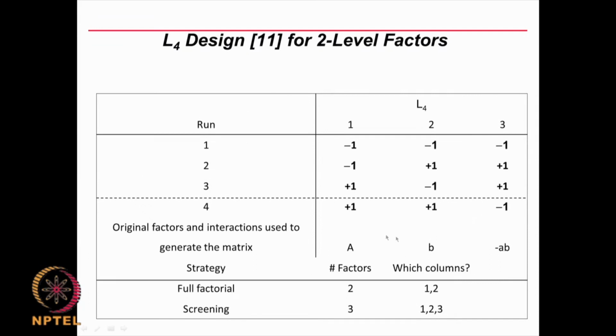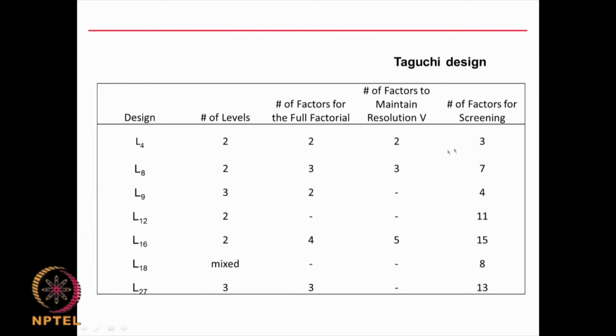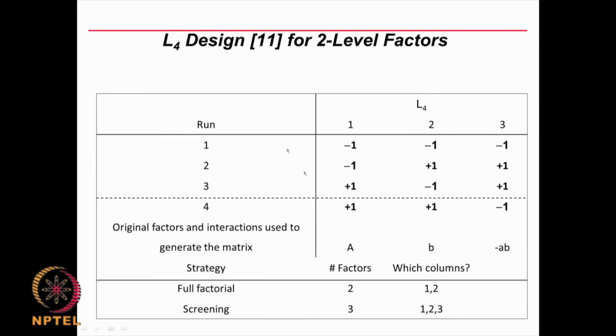For example, this is the L4 table, 4 runs, this is for factor A, factor B, factor C. If I put A, B, C, then obviously it becomes a screening design, whereas if I put only A, B, I can do a very good high resolution full factorial design. This is the table called the L4 table.